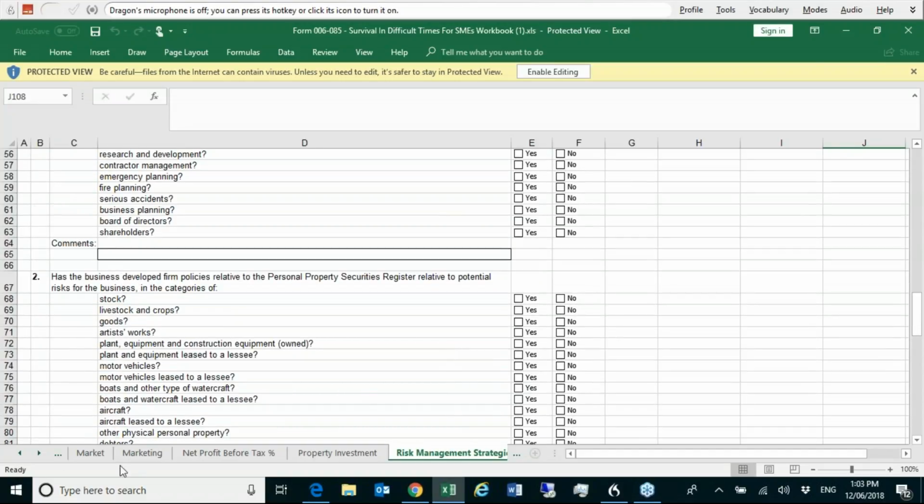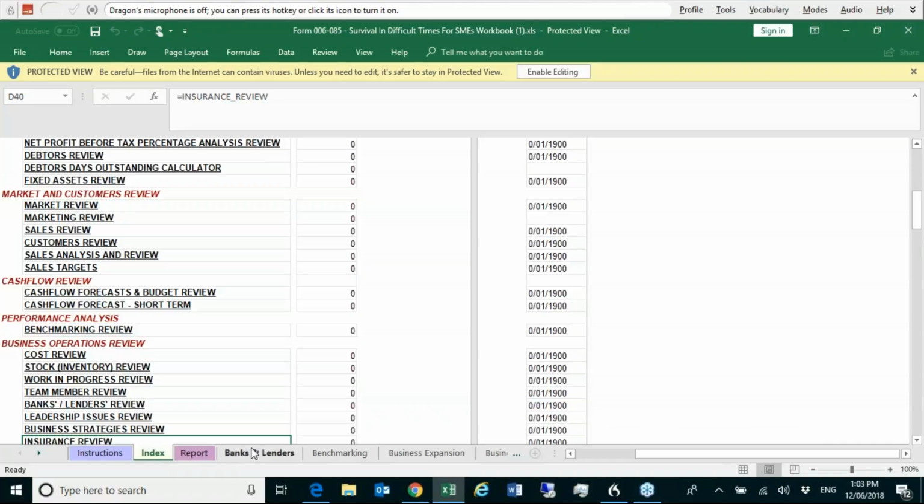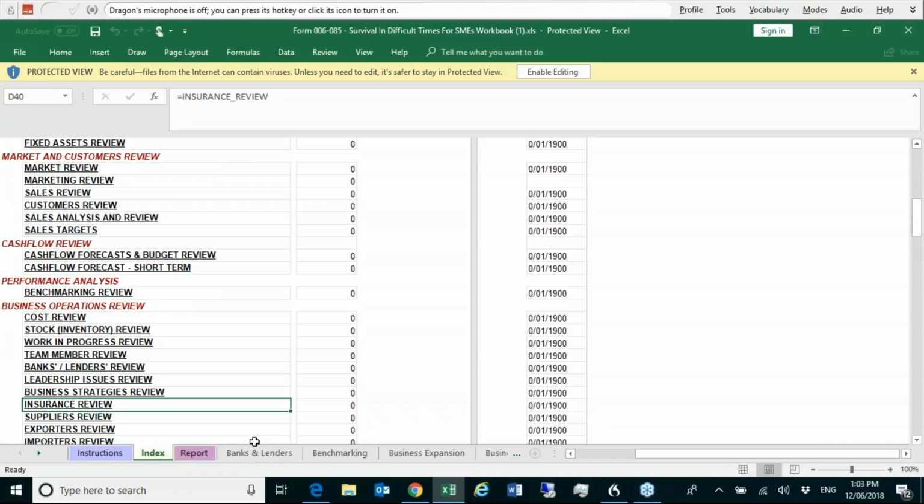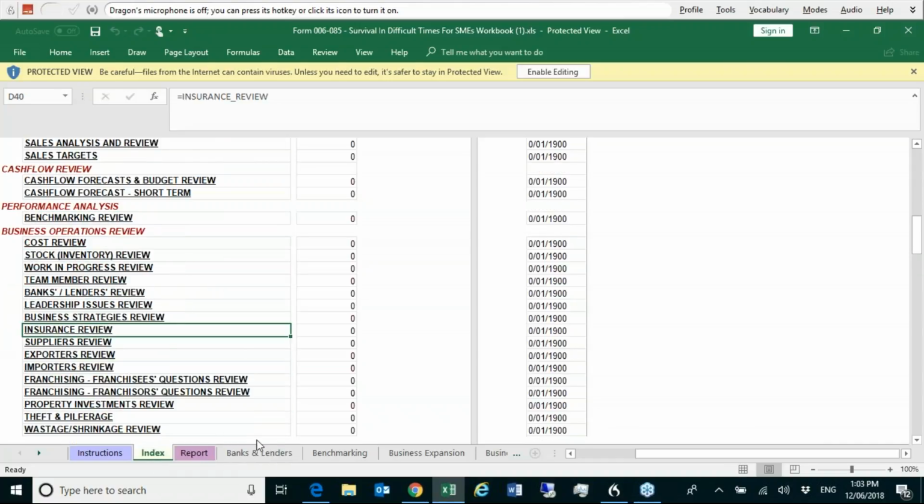This form was prepared, let's go to the beginning, to give you a range of questions to be asking your clients. So there's some instructions, there's an index, and there's 44 different items contained here.